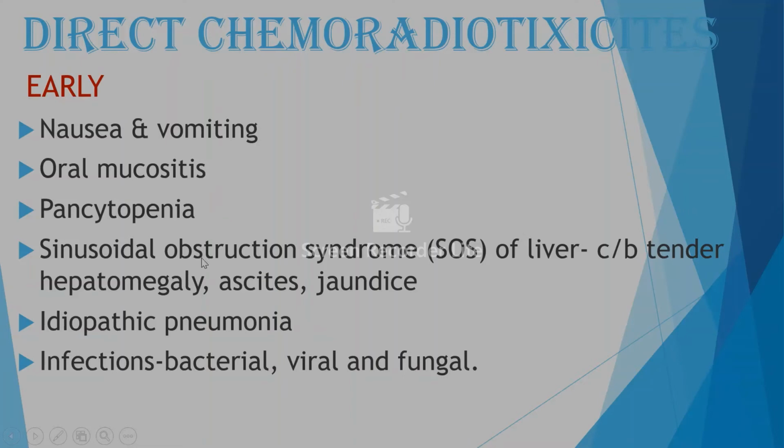Another important condition is SOS, sinusoidal obstruction syndrome of the liver, which is clinically characterized by tender hepatomegaly, ascites, and jaundice. The individual may also suffer from pneumonia, the cause may be bacterial or idiopathic. Other infections within the blood may be bacterial, viral, or fungal.